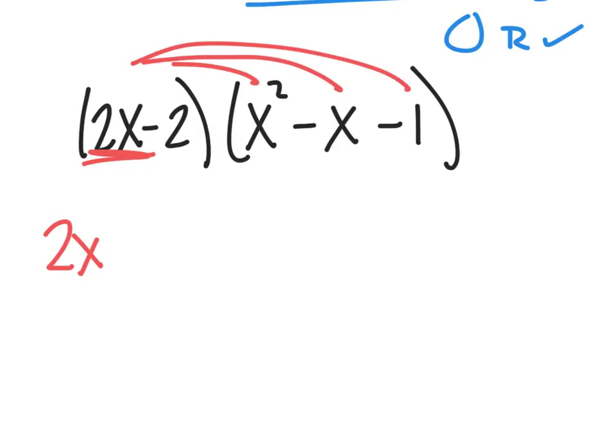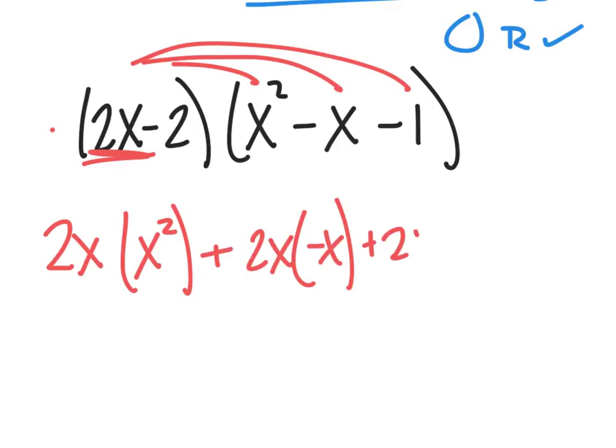So it's not foiling when there's 2 and 3 terms. So 2x times x squared, I've got plus 2x times negative x plus 2x times negative 1.